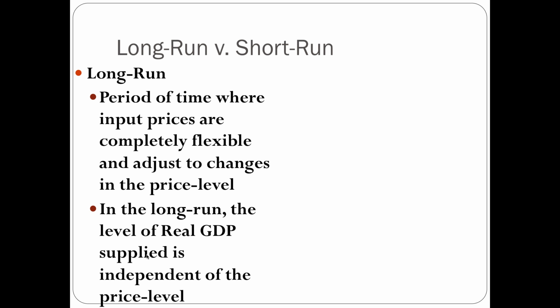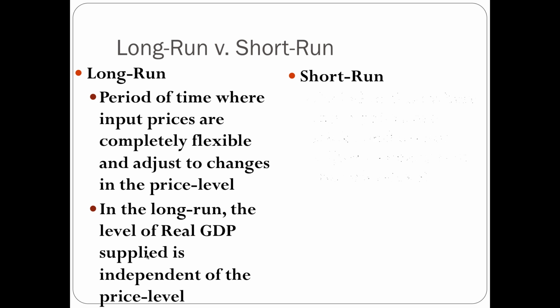In the long run, employers are ultimately going to be paying their employees more, and then aggregate supply is going to adjust. So in the long run, input prices are going to change and aggregate supply is going to adjust based on those new input prices.